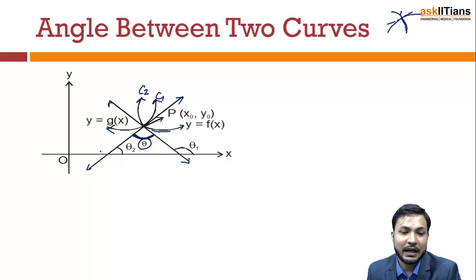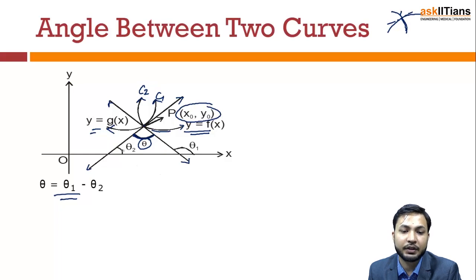If I extend that and plot it on an xy graph, let's say this is the point of intersection x0, y0. These are the two equations of the curves. I can get my theta.